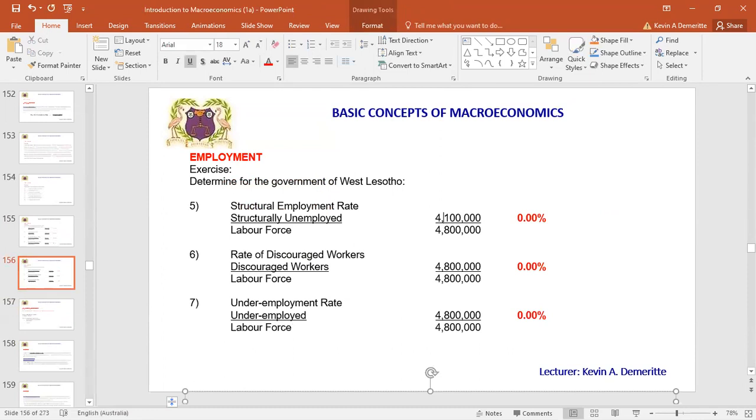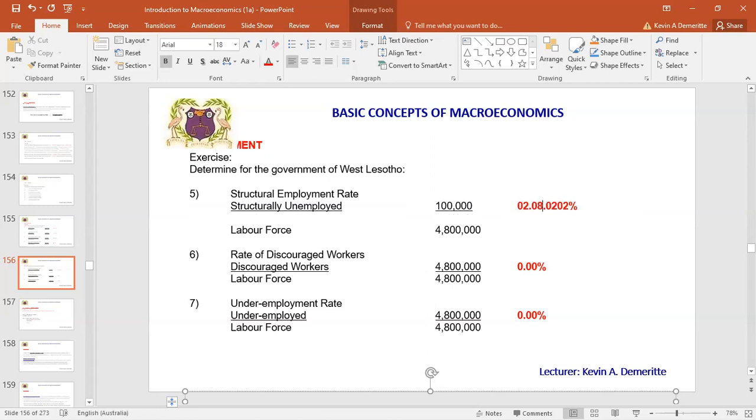And what do we get for that calculation? 0.0208. And when we convert that to a percentage, we get what? 2.08%.